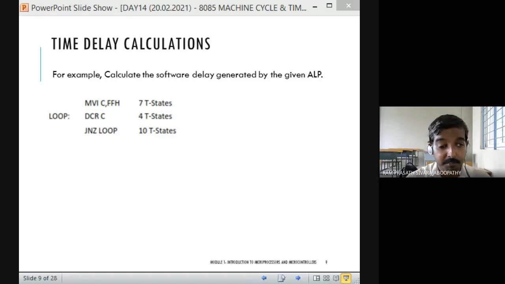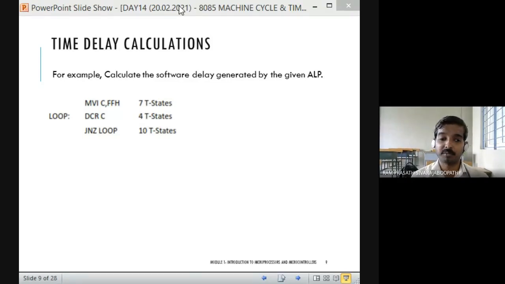At this point, during the second machine cycle, that means the memory read used to read the lower byte of the address, the processor knows whether the condition is true or not. If it is true, only then will it go and fetch the higher byte. If it is false, what will it do?